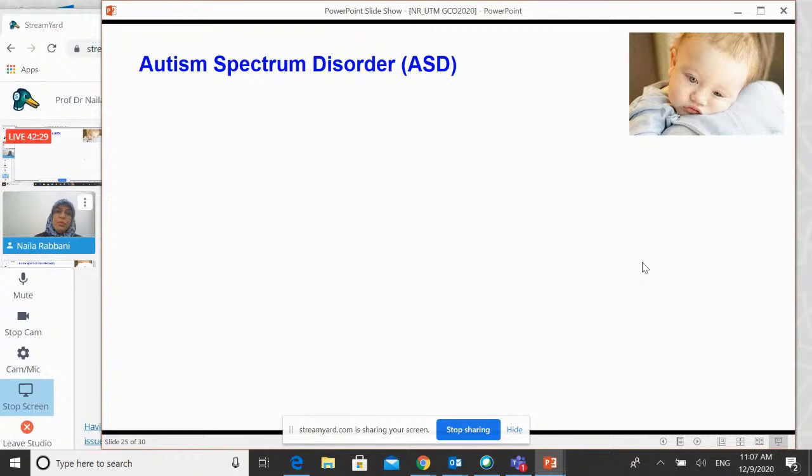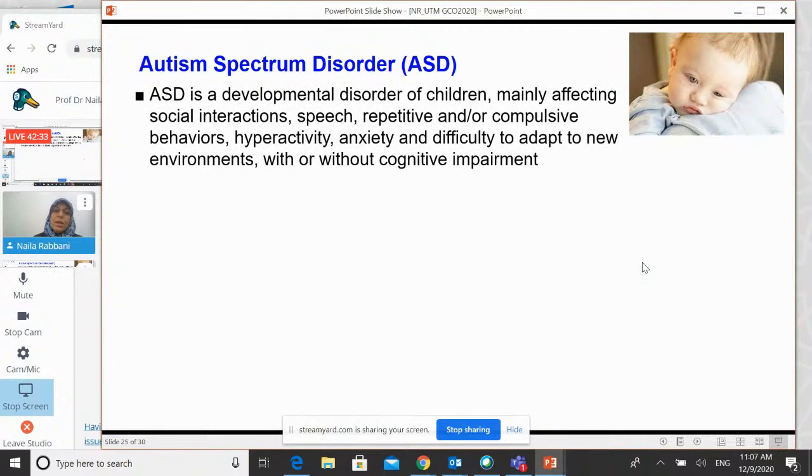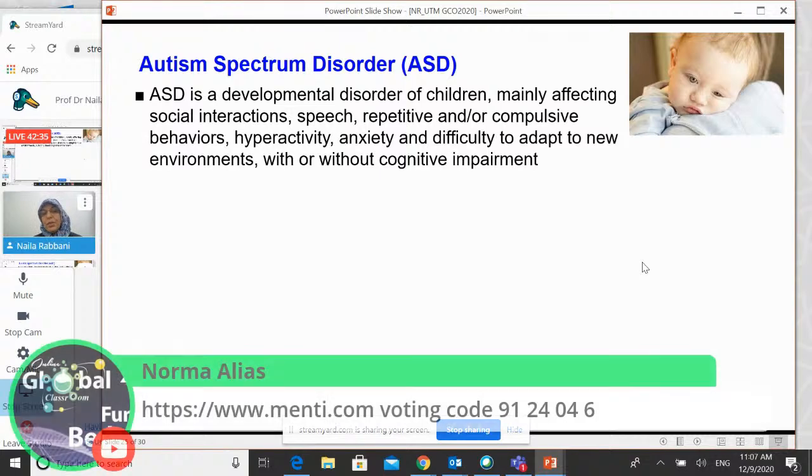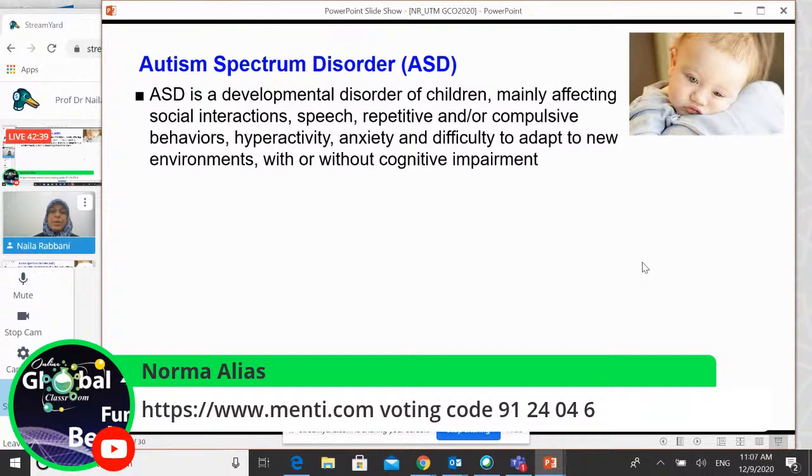Next, we wanted to look at autism. Autism is a developmental disorder of children, mainly affecting social interaction, speech, repetitive and compulsive behavior, hyperactivity, anxiety, and difficulty adapting to new environments, with or without cognitive impairment.